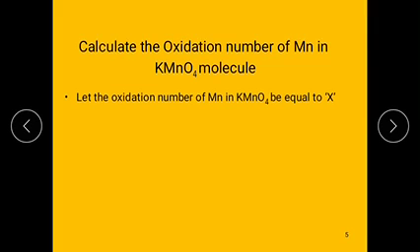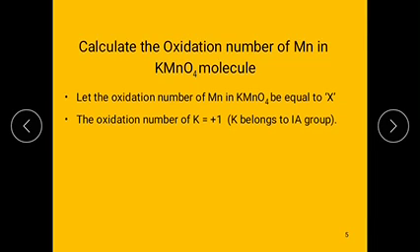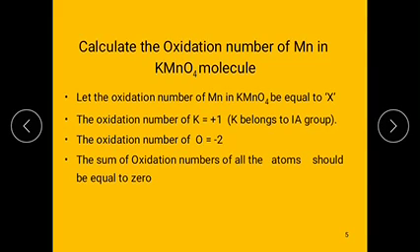Let the oxidation number of manganese in KMnO4 be equal to X. The oxidation number of potassium is +1. It is a first group element. The oxidation number of oxygen is -2. The oxidation number of manganese, which is to be calculated, is treated as X.